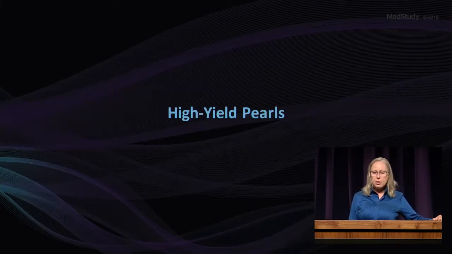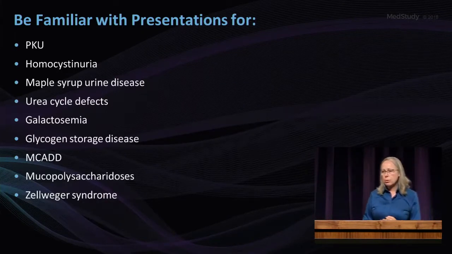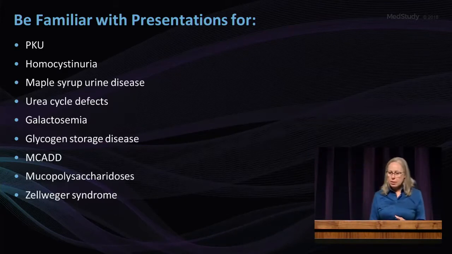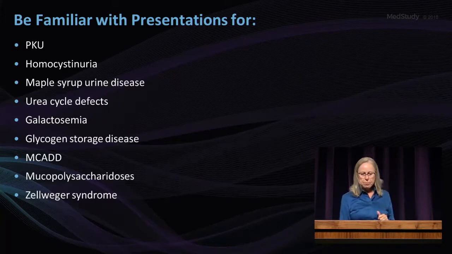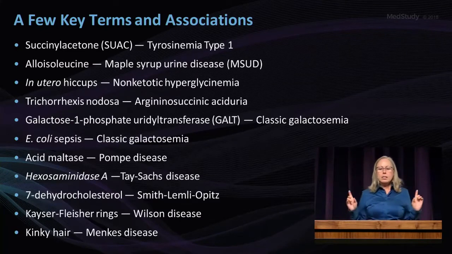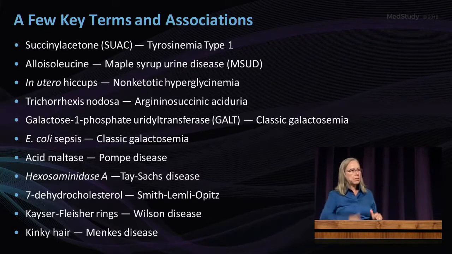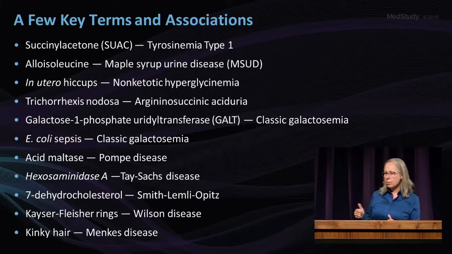All right, high yield things. Be familiar with presentations for PKU, homocystinuria, maple syrup urine disease, urea cycle defects as a group, galactosemia, glycogen storage diseases, MCAD, MPSs, and Zellweger. Know that these things equal one another. Succinylacetone is tyrosinemia type 1. Alloisoleucine is MSUD.